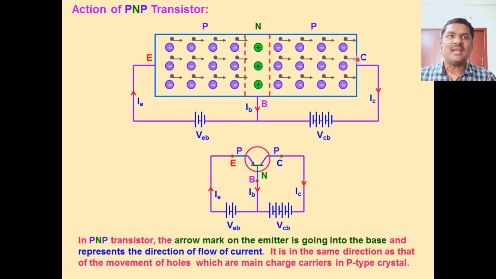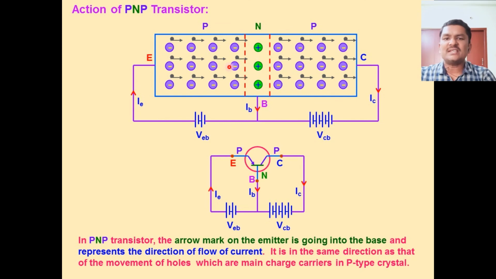On the other hand, the reverse bias of the collector base circuit forbids the movement of the majority carriers towards the collector base junction, and the depletion layer increases. Like the NPN transistor, the same procedure.